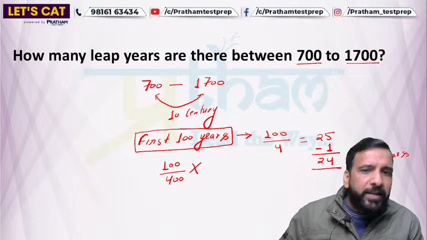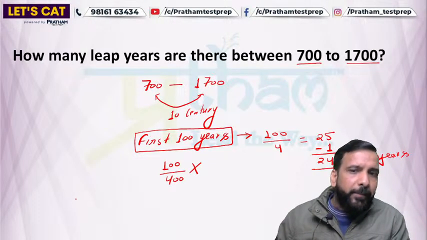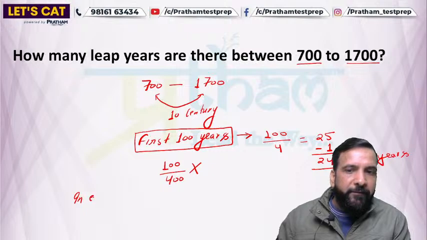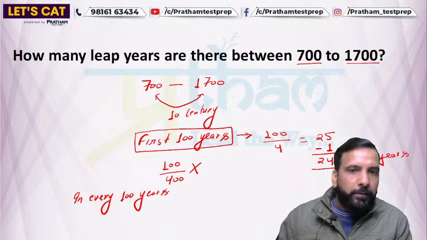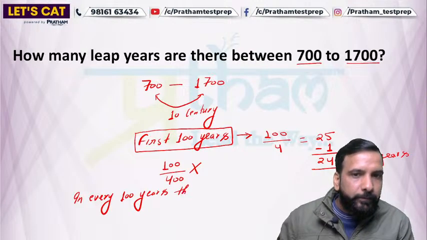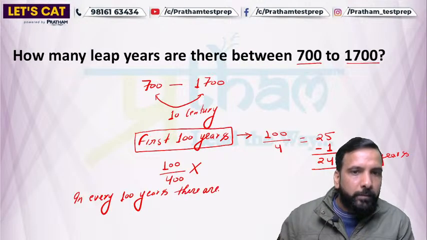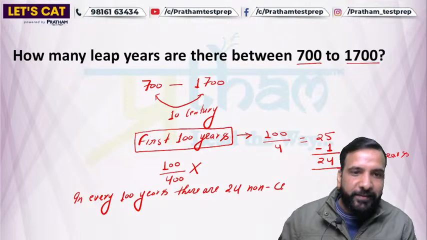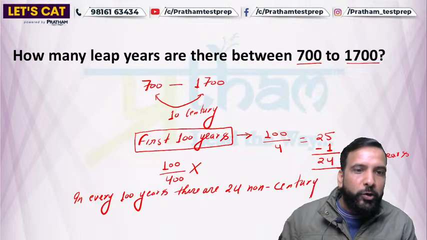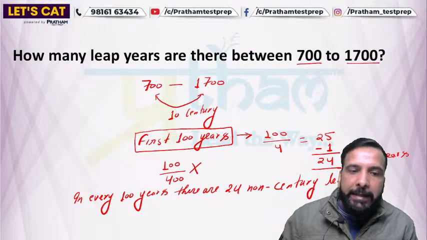So now the concept is, we can say in every 100 years there are 24 non-century leap years.